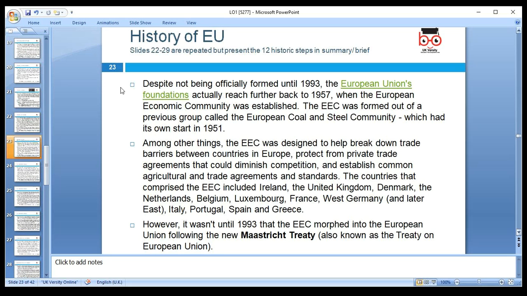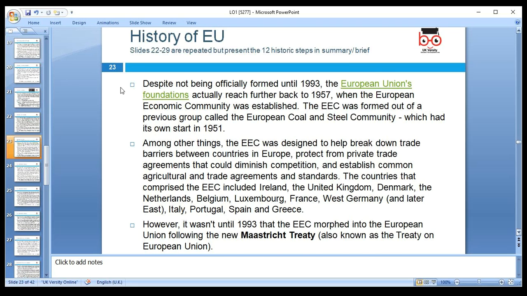Okay, so when we look at the history, despite not being officially formed until 1993, the European Union's foundation actually reaches further back, to 1957, when the European Economic Community was established. This is the history of it, all the treaties which we can look at step by step.